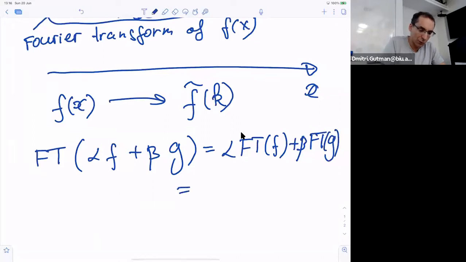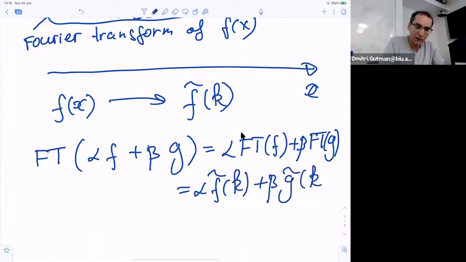So this will be symbolically alpha f tilde of k plus beta g tilde of k.